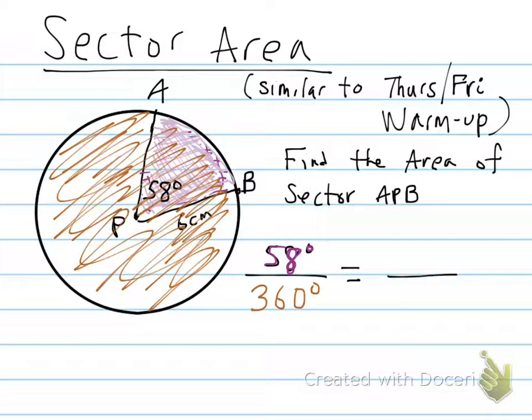And that fraction is going to be equivalent to, if we set it up properly, the same idea. So what represents the whole? Well, the entire circle, 360 degrees, is literally all of this space here in brown. All of that space is the entire area, pi times 6, which is our radius, squared, right? What is the area that we are looking for? We don't know. That's the question.